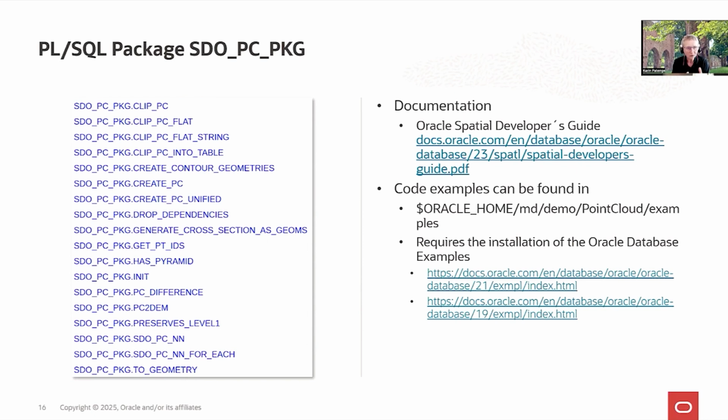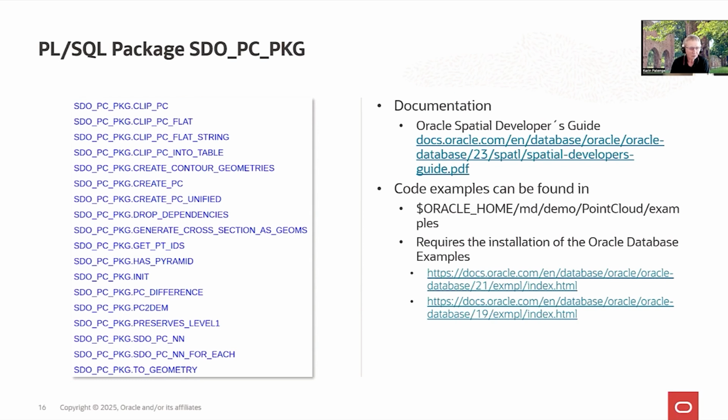And what we can also do, and what we'll be seeing in August, is how we can start with a flat model and then create the SDOPC objects from either an extraction of the point clouds, a clipped data set, or the entire point cloud data set to represent this as an SDOPC object, and then apply all the functions we have in place to process the point cloud data sets.